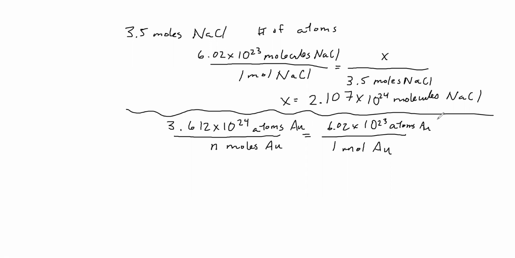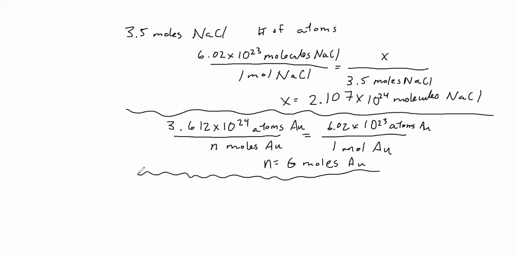So I end up taking 3.612 times 10 to the 24 divided by 6.02 times 10 to the 23. This gives me 6 moles of gold. Now, this is something I wish I had. That's a lot of bling bling, okay? So that's how you figure out the number of gold moles if you're given the number of atoms of gold.